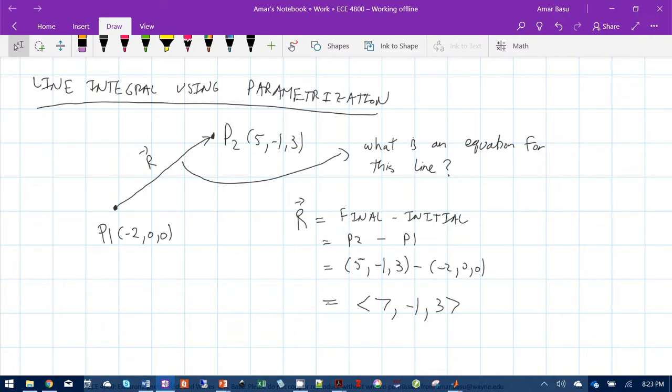So we want an equation for this line. Imagine that we have a line that's defined from here to here. That line could also continue in this direction and that direction.